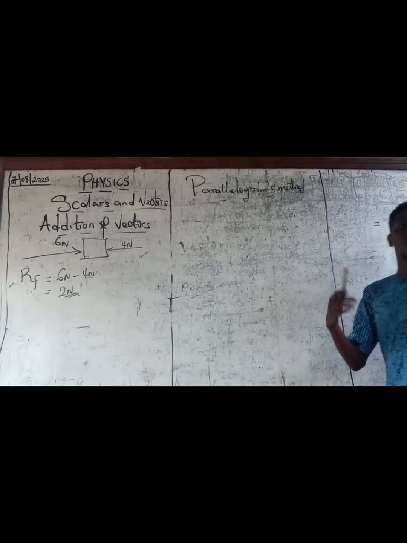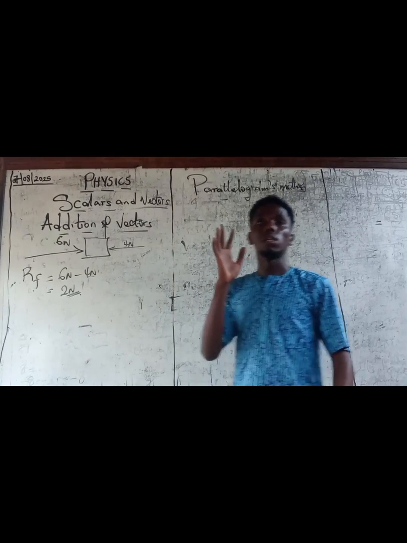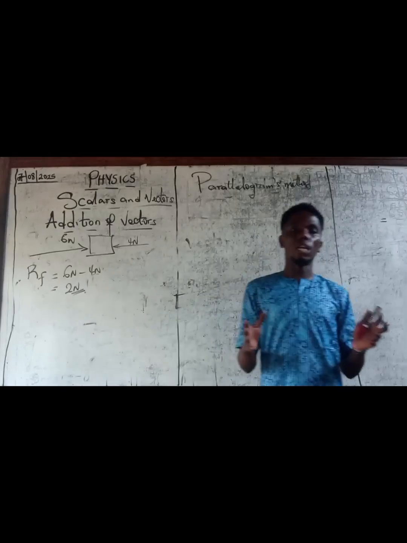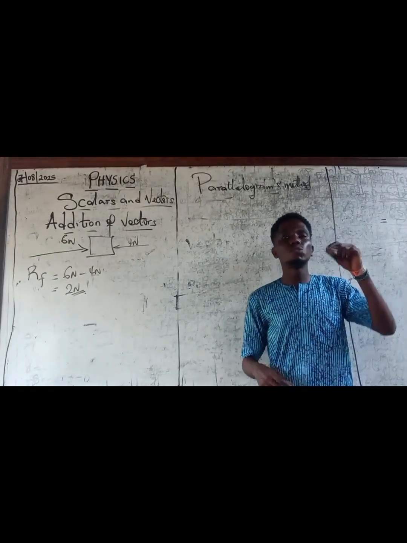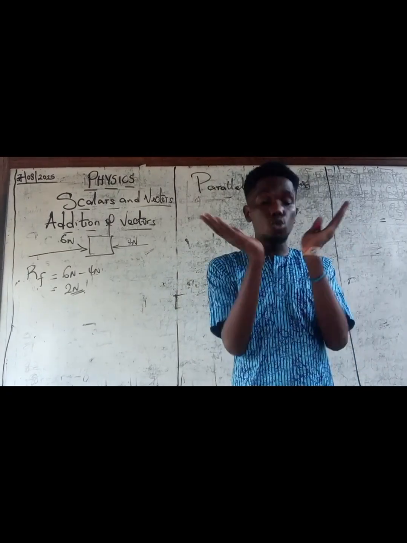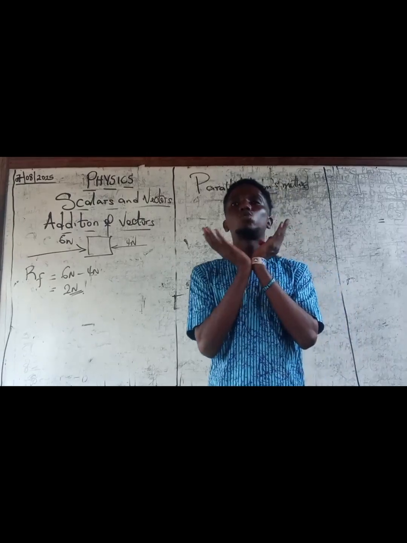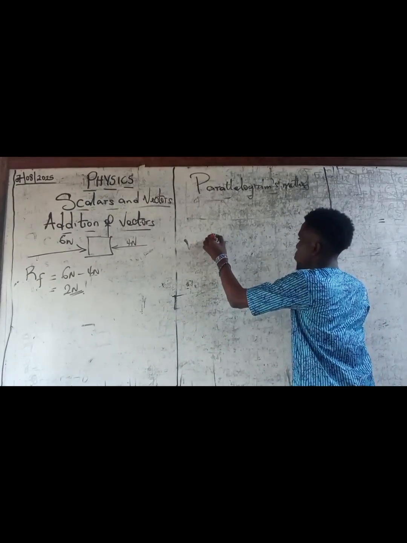We also have the triangle method, but let's quickly touch on the parallelogram method. It's a law, and the law simply states that if you want to find the resultant of two vectors, you represent these two vectors with the adjacent sides of a parallelogram.